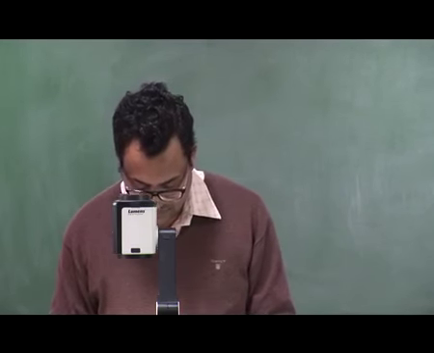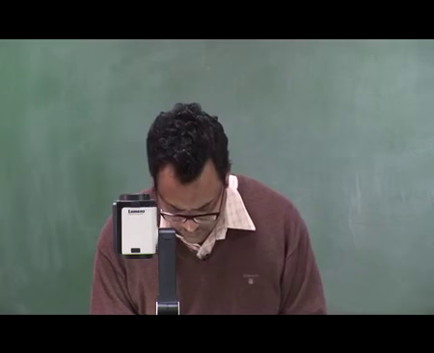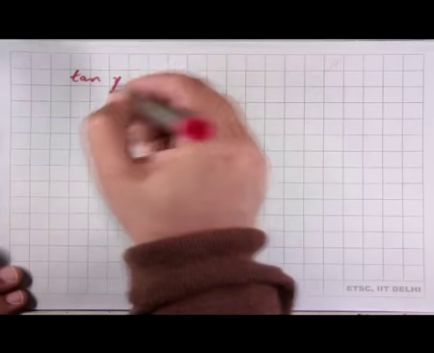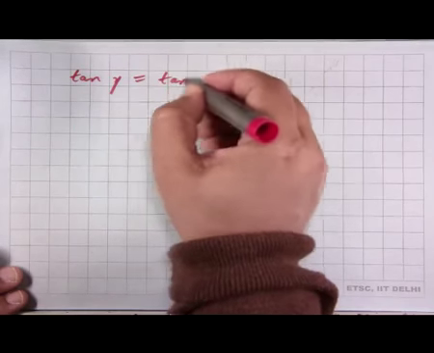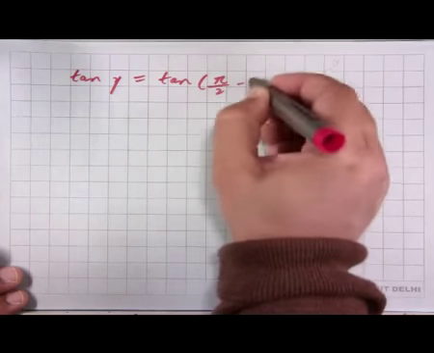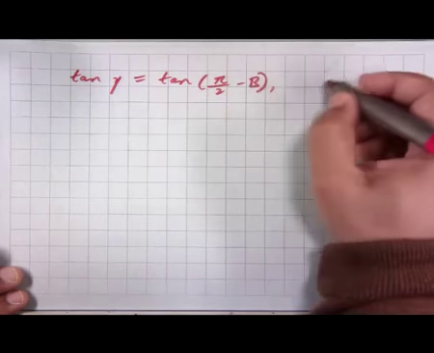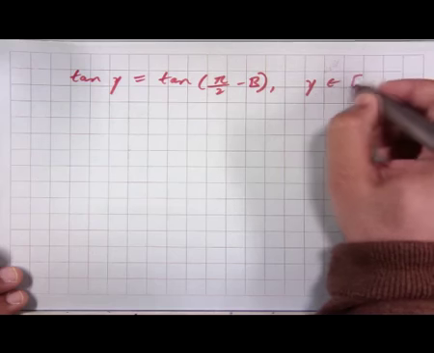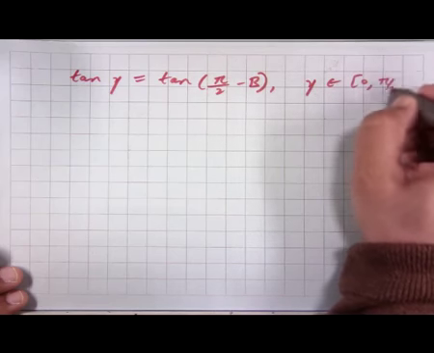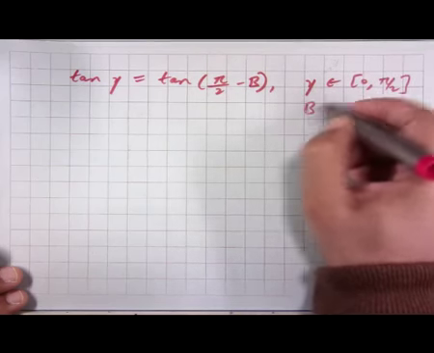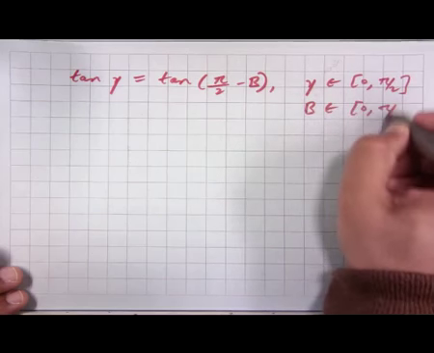So, if we write this nicely, what we have shown so far is that tan of gamma is equal to tan of pi by 2 minus B, and both gamma and B belong to 0 to pi by 2.